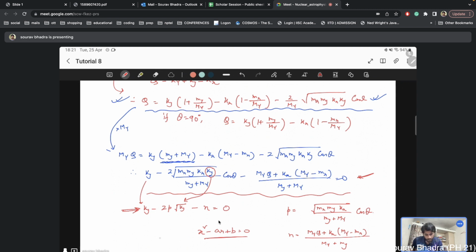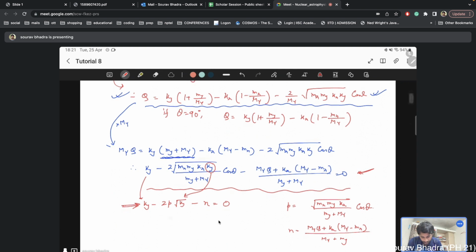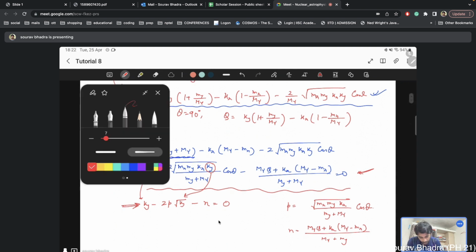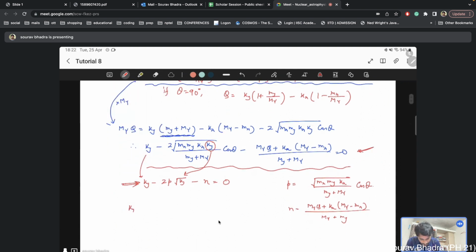And here for this equation you can say x is actually root over Ky. So from here we can calculate the root over Ky as we do in our standard mathematics. So Ky can be written in terms of p and n. That we will do. So I will again write the important equation: Ky minus 2p root Ky minus n equals 0.